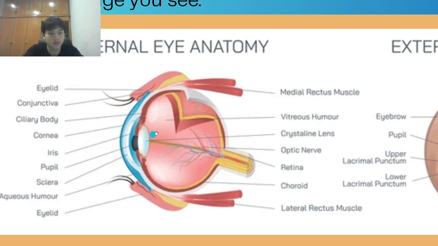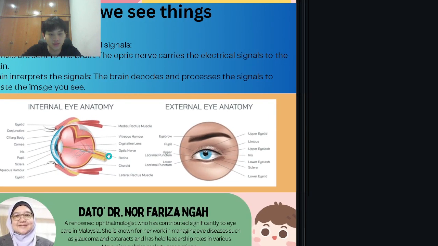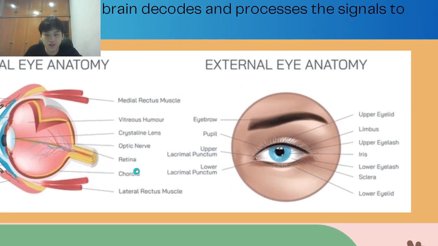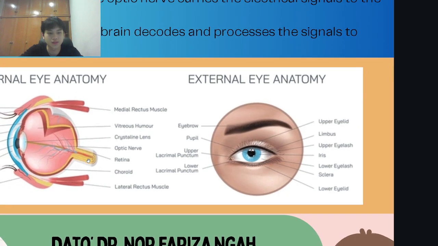The next one is the choroid. The choroid is this red stuff here. It's a layer that supplies oxygen to the retina and absorbs light to improve focus. The next one is the retina.